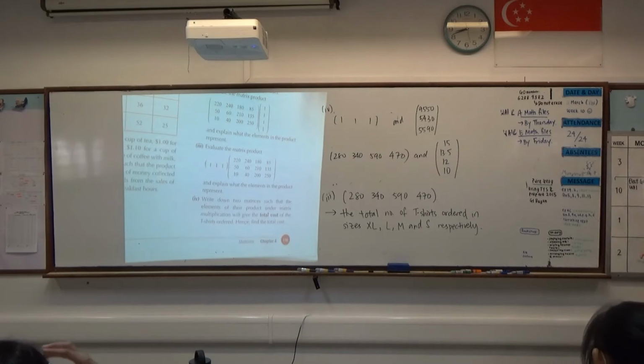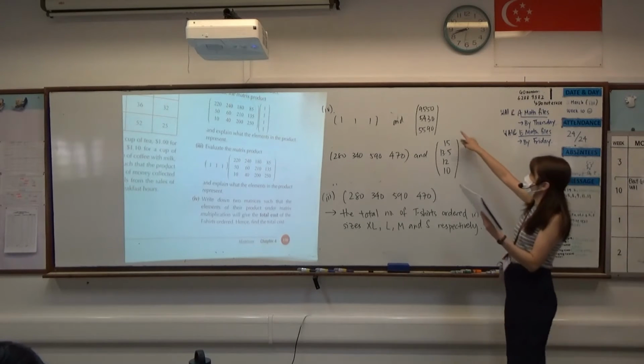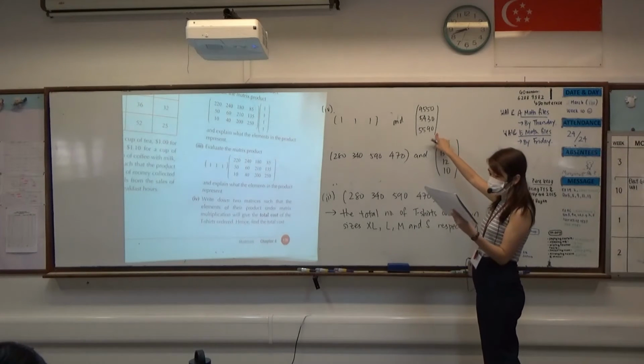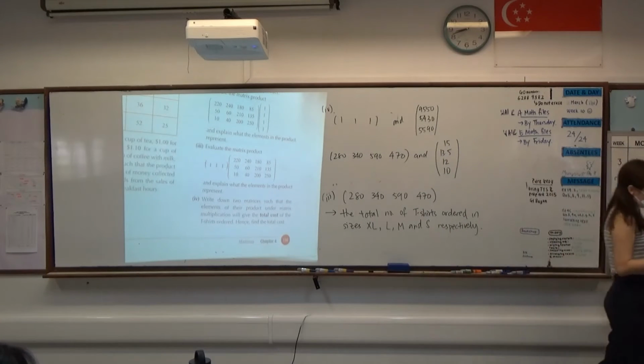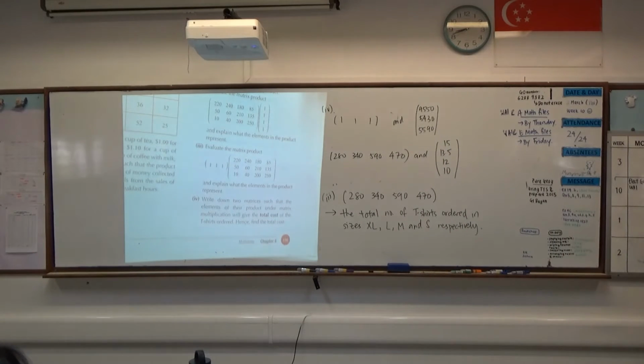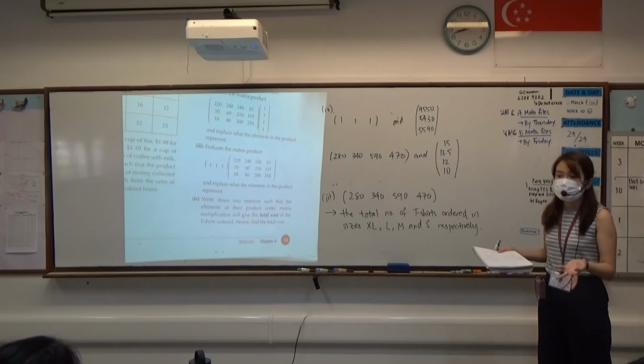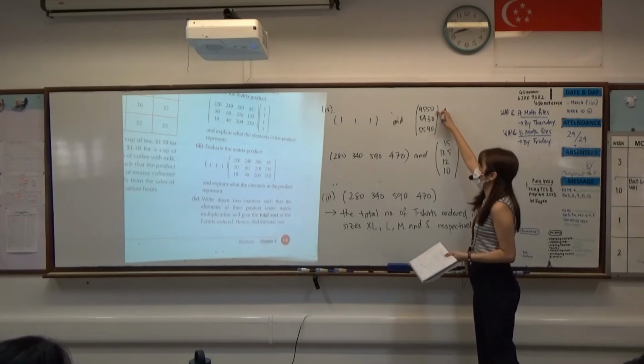In the first one, we have 1, 1, 1 and 9550, 5430, and 5590. This matrix is the same one that you get from part 1, which is the total cost of the t-shirts ordered for the men. Since you're trying to find the total cost of the t-shirts ordered, we just want to add them up together.